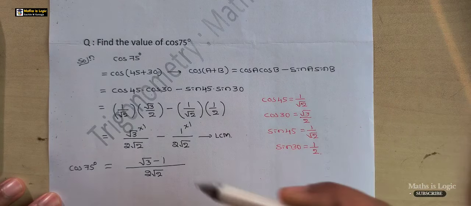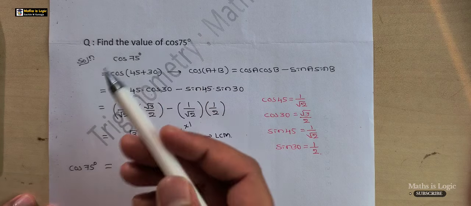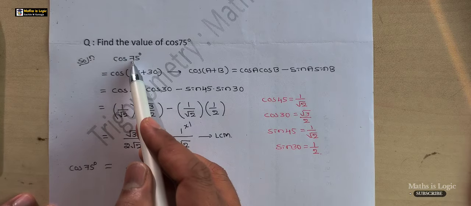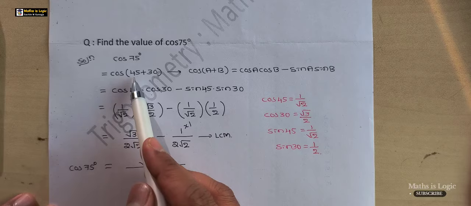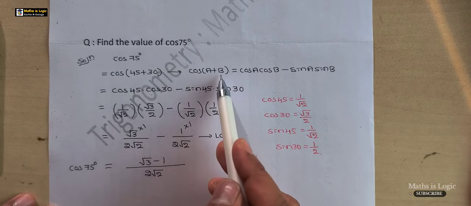Next, find the value of cos 75 degree. Right? Cos 75, keep that cos as it is. Split this 75 as 45 plus 30. Once I split 75 as 45 plus 30, this looks like cos(A plus B).